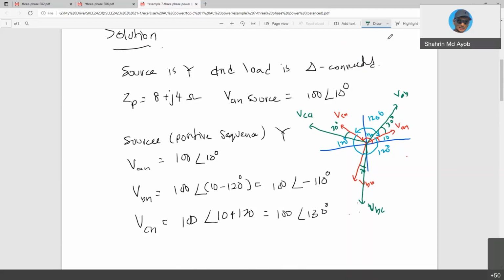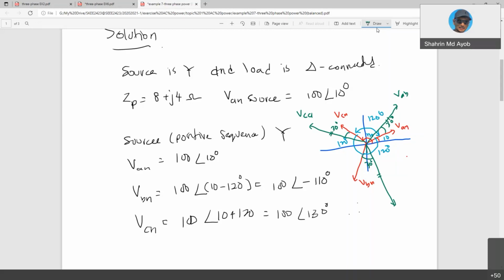I think this one is negative 80, so it is here. There is a 30 degrees difference. The magnitude should be the same, 173 volts.